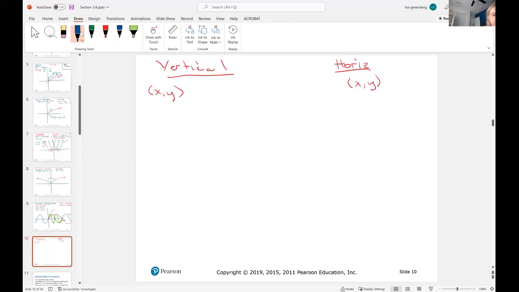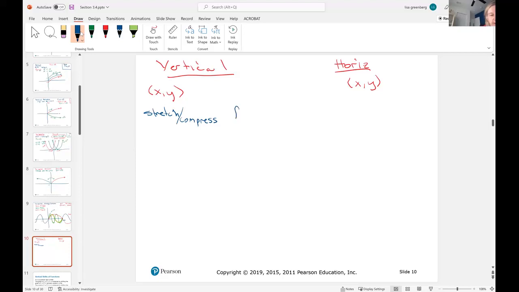Now, if I do a stretch or compress, then vertically, I'm going to multiply the y value by whatever the thing is.